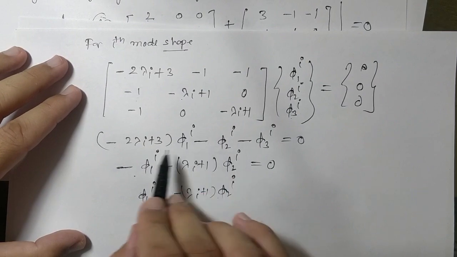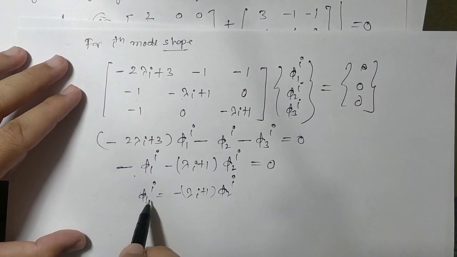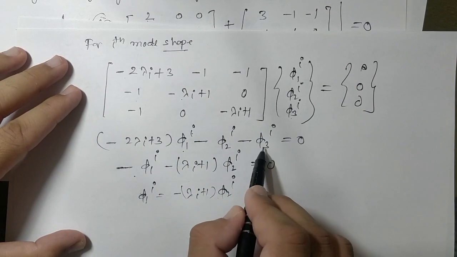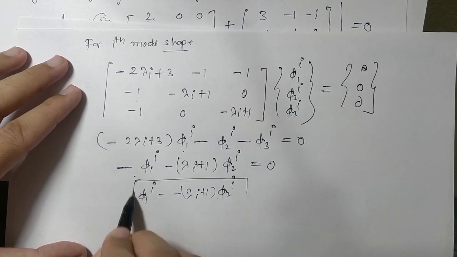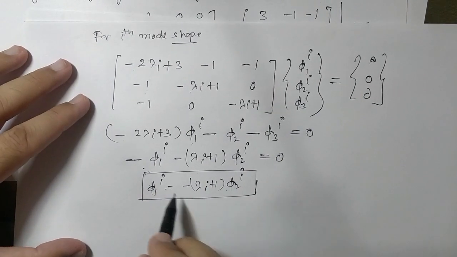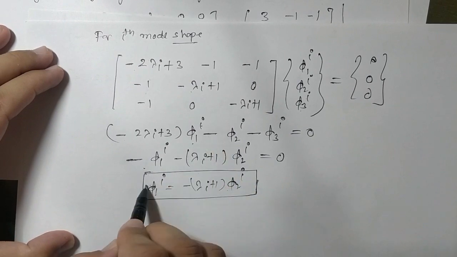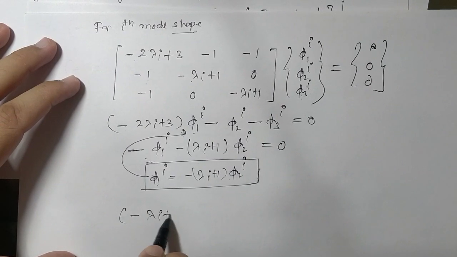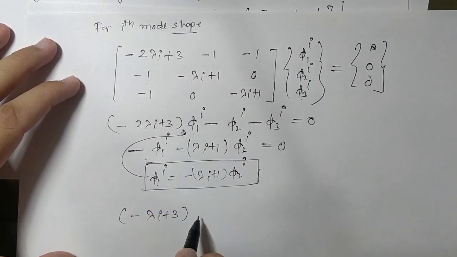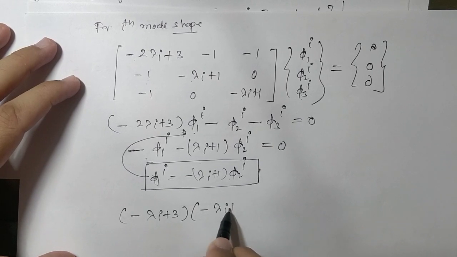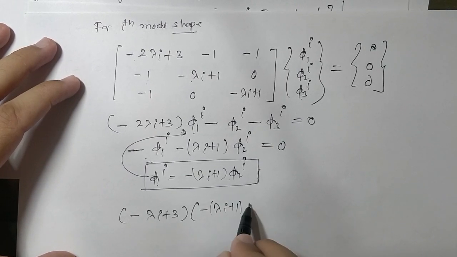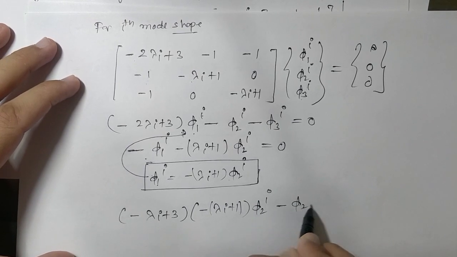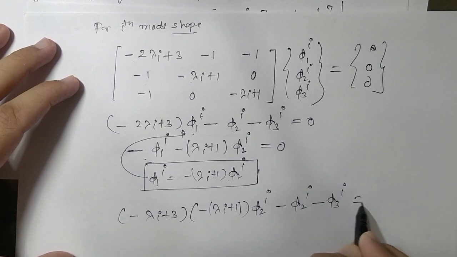From these two equations, if we put the value of phi 1i in the first equation, we have minus 2 lambda i plus 3, and in the place of phi 1 we write minus lambda i plus 1, multiplied by phi 2i, minus phi 2i, minus phi 3i equals 0.